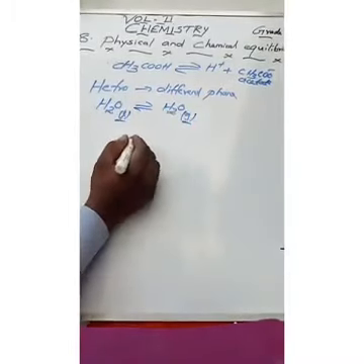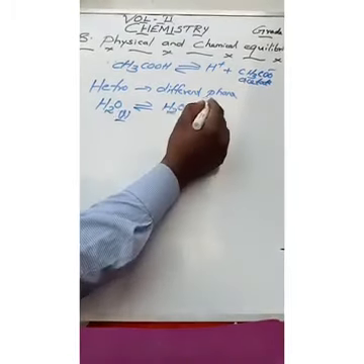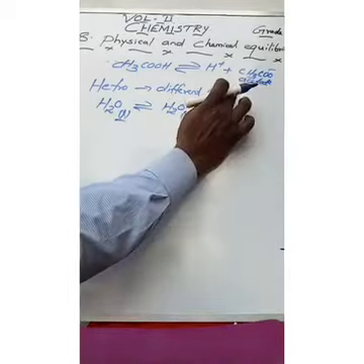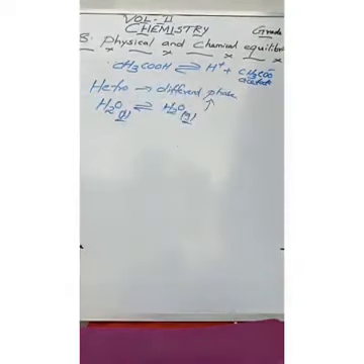So here the reactant and the product are in different phases. That we are saying heterogeneous. Try to learn the equation. Equation is very, very important. Without equations, there is no chemistry. So try to learn the equations correctly.